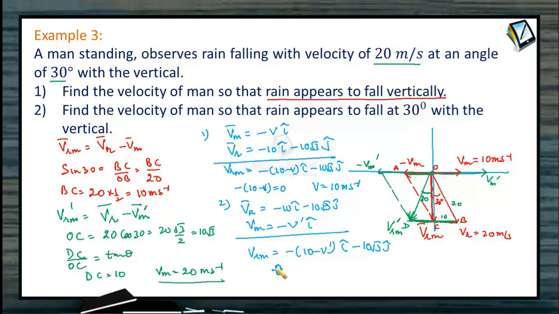The angle from the vertical is given to us as 30 degrees. Therefore, tan 30 is equal to (10 minus V dash) divided by 10 root 3. So V dash will be equal to 20 meter per second. So with this method also we can work it out. Let us see some other concepts.